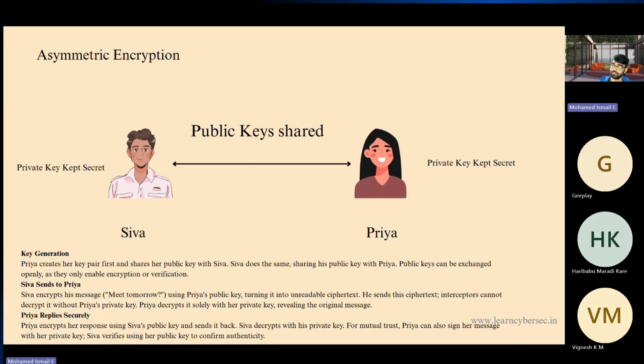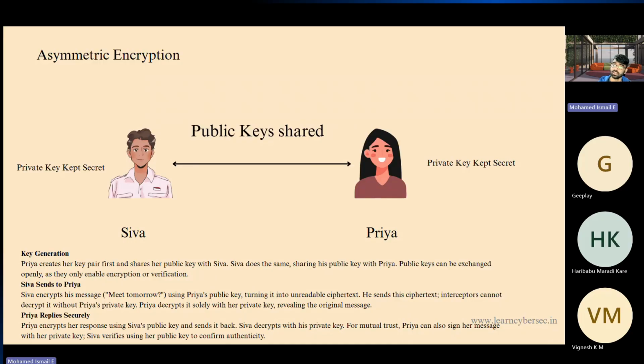Priya creates her key pair and shares her public key with Siva. They share public keys with anyone. They keep private keys secret to themselves, not put in public. So only Siva knows his private key, and only Priya knows her private key.